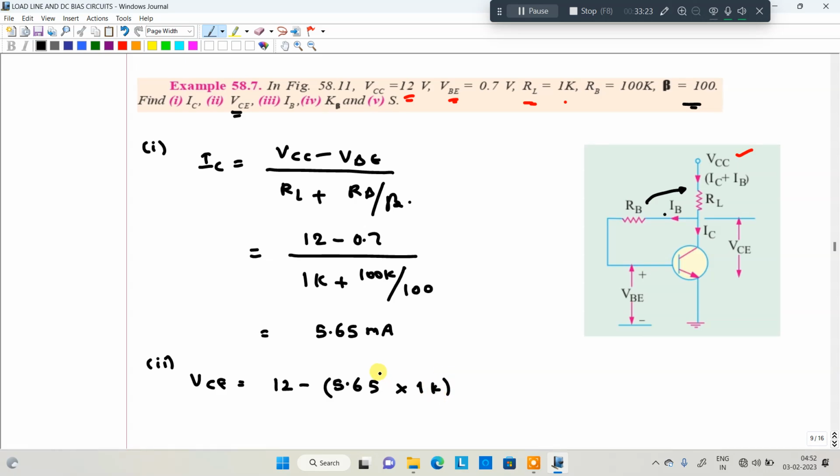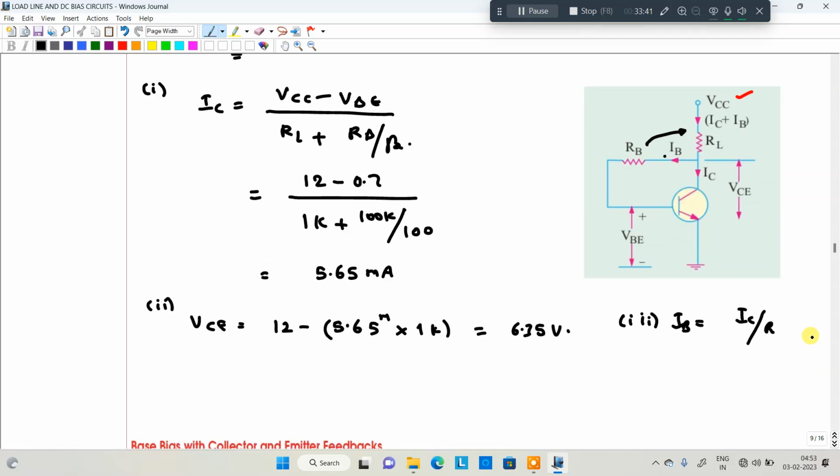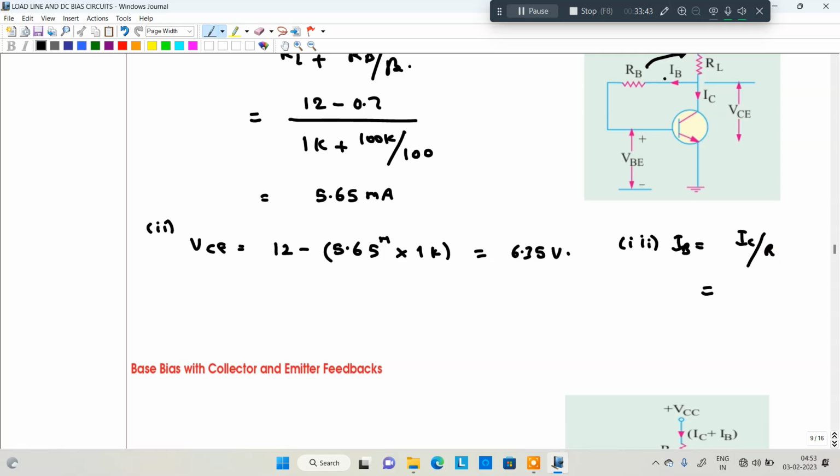It will be equivalent to 6.35 volt if you are neglecting IB. If they ask you to find IB, third case, IB is equal to IC by beta. You got IC as 5.65 milliamperes, divided by beta 100, that value is 56.5 microampere. That's why it is a microampere compared to milli, and we neglect it while calculating VCE.